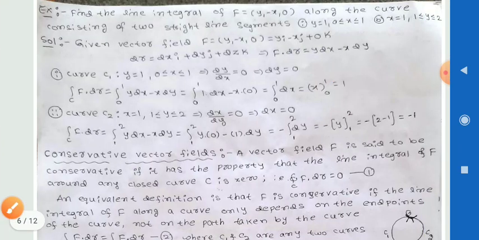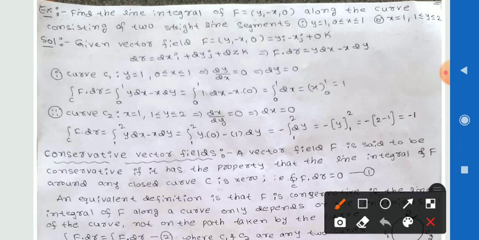Now another problem. Find the line integral of f is equal to y, minus x, 0 along the curve constituting two straight line segments. First one, y is equal to 1, 0 less than or equal to x less than or equal to 1. Second, x is equal to 1, 1 less than or equal to y less than or equal to 2.